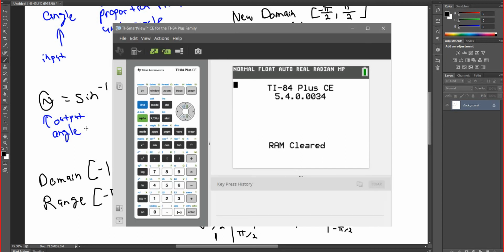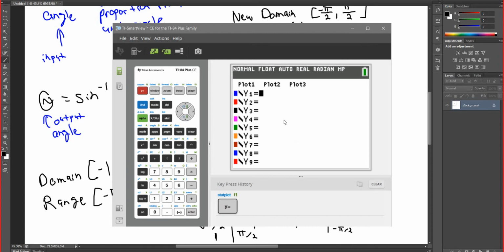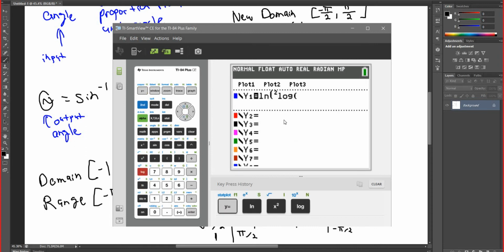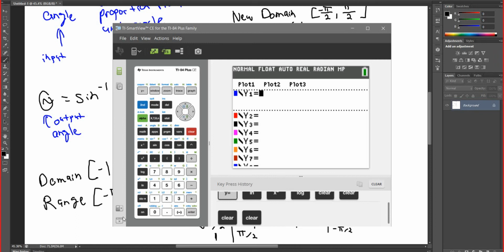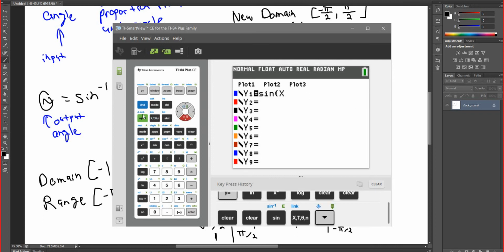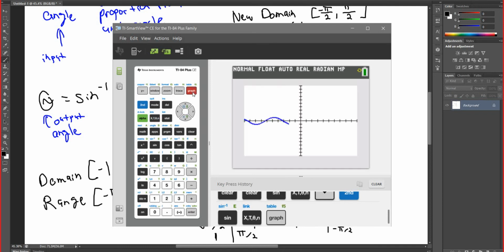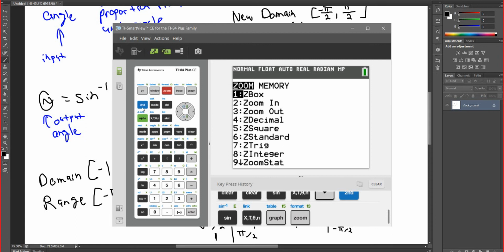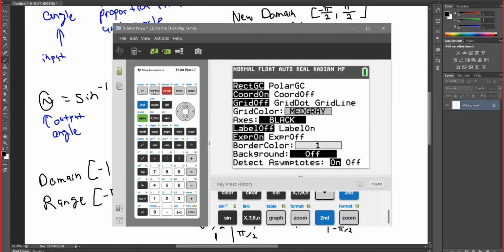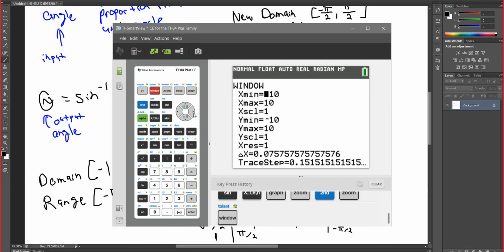I can actually go do this in here. Y equals, so sine, that doesn't work that way. I want the sine of x, y2, I want sine inverse of x, and then go to graph. I'm going to zoom. Let's delete that and delete that.